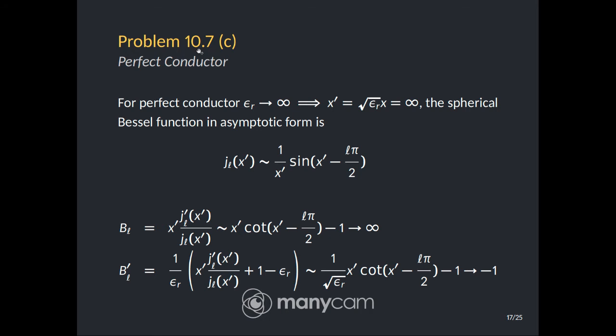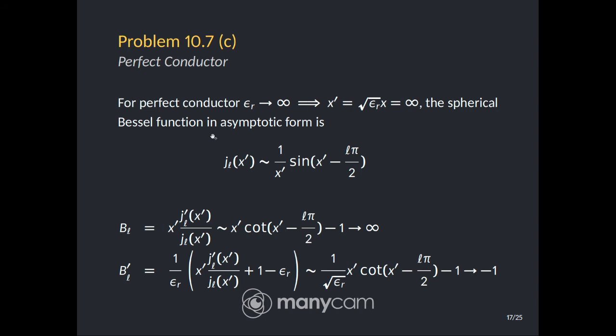For perfect conductors, we take the limit epsilon r goes to infinity, and this limit implies that x prime also goes to infinity. So the spherical Bessel function with argument x prime can be written in the asymptotic form. jL is approximately sin(x prime minus L pi divided by 2) divided by x prime.